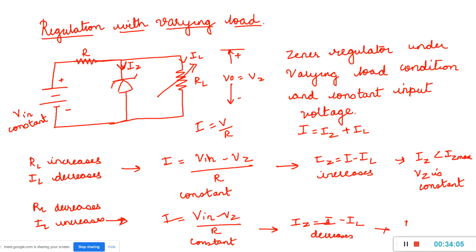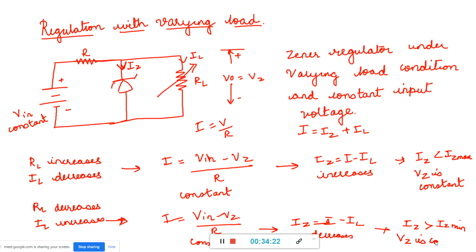So as long as Iz is greater than Iz min, Vz is constant.